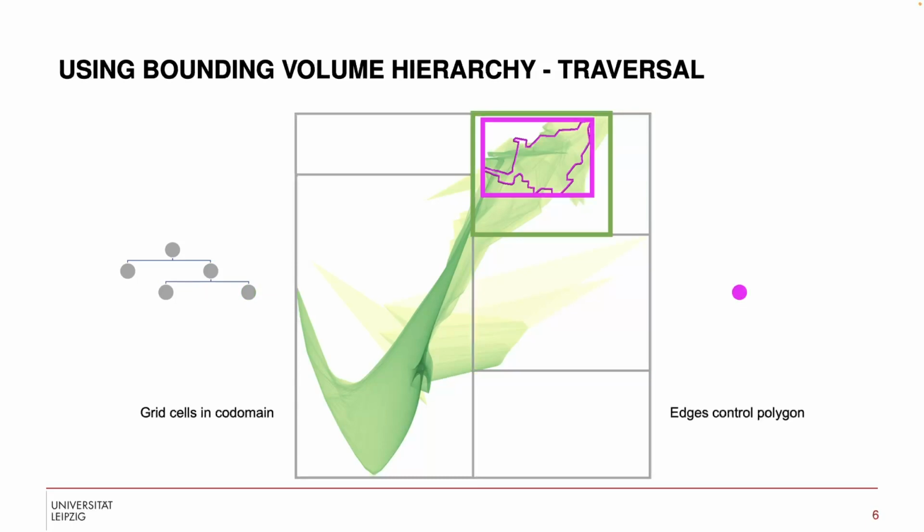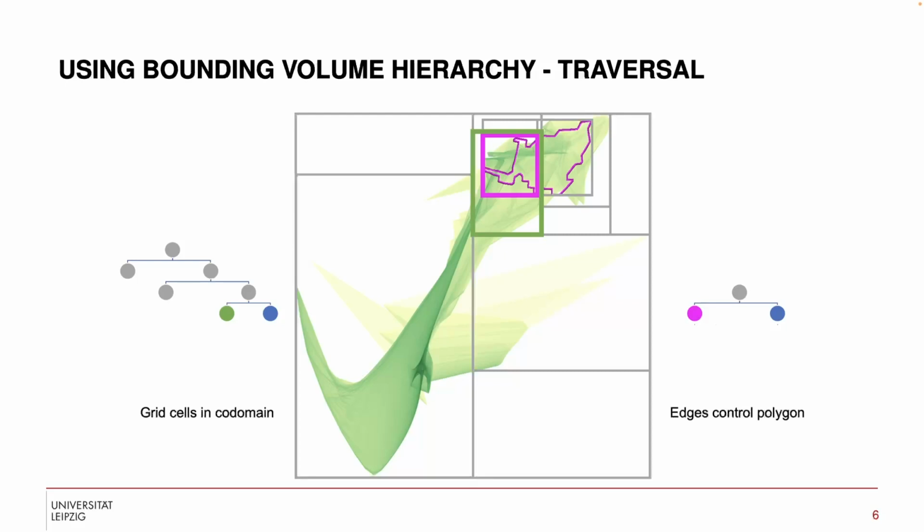We extend this by also creating a bounding volume hierarchy for the edges of the control polygon and intersecting the two bounding boxes. We decide according to a certain strategy which bounding volume hierarchy will be further subdivided. This is repeated until both bounding volume hierarchies are in the leaves.